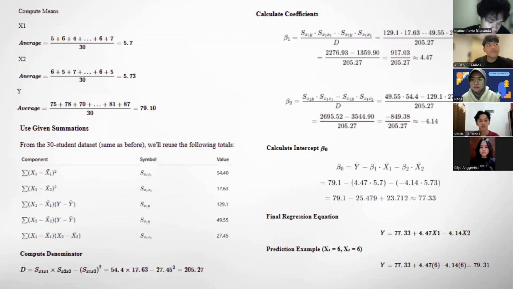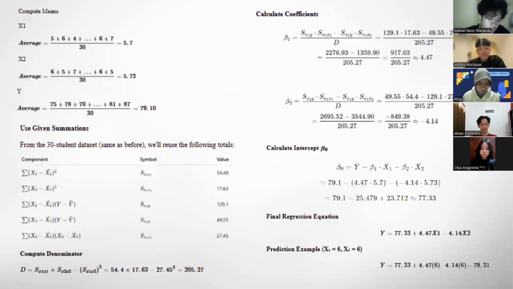For example, x1 and y is 129.1, x2 and y is 49.55, and x1 and x2 is 27.45, and we compute the denominator used in both slope coefficient formulas, and we get 205.27.